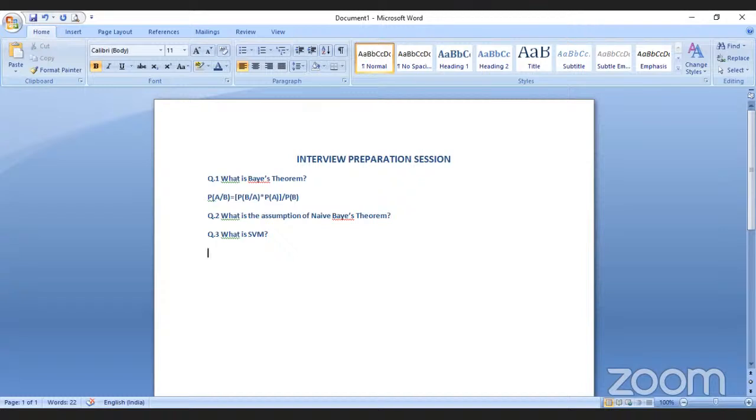Here we have some parameters, so we do hyperparameter tuning. What are the tuning parameters of SVM?